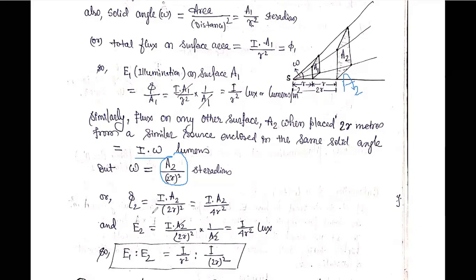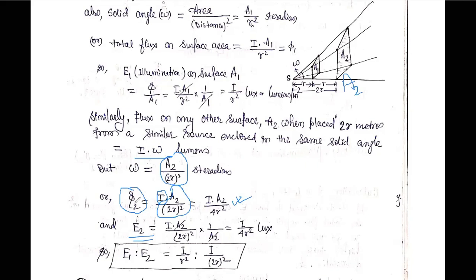And the total flux is I into omega. So the flux at this surface is phi 2, and the value of phi 2 is I into omega, so we get I into A2 divided by 4R square. So as per the definition, E2 is equal to total flux phi 2 divided by the area A2.